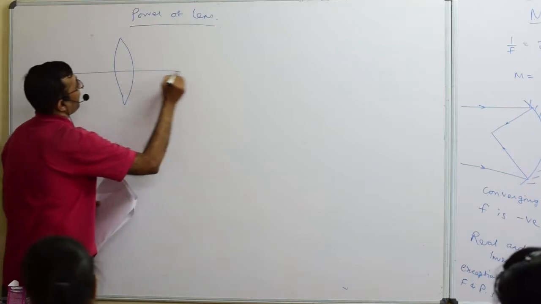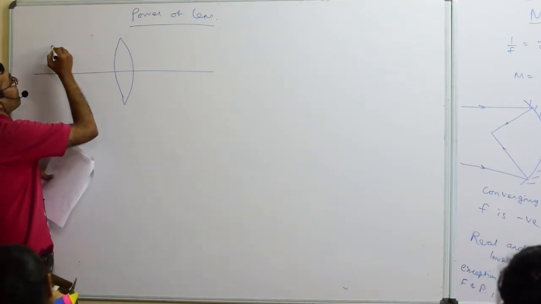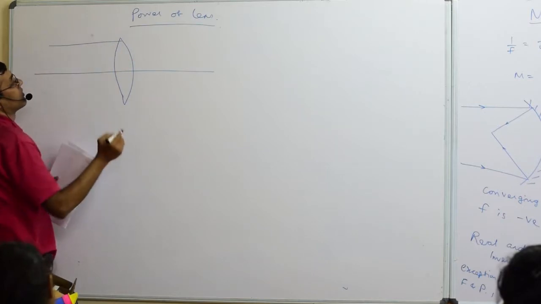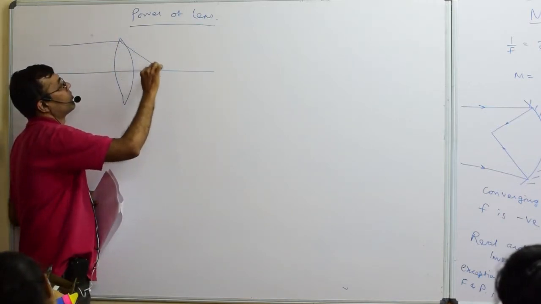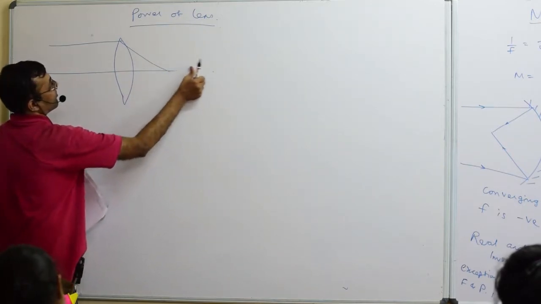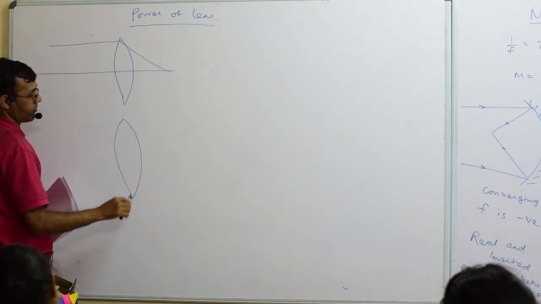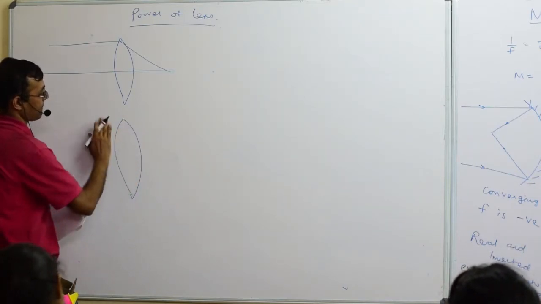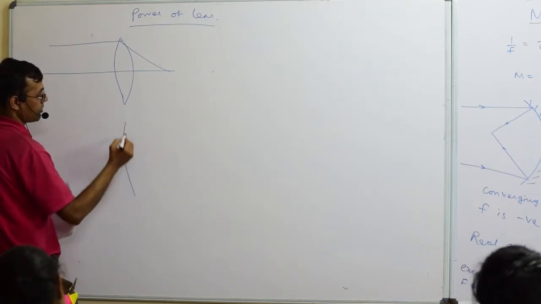So if I take a parallel ray here, let's say one lens is doing like this, right? And let's say I take another lens. It should be drawn a little bit thinner.